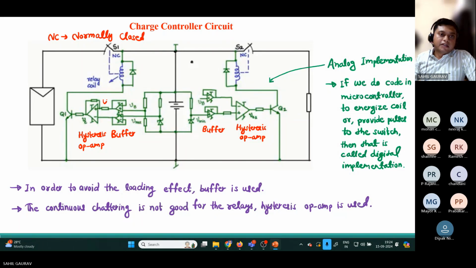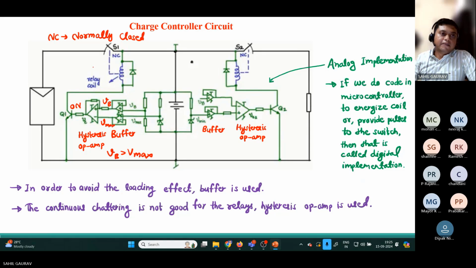So this Vb and Vmax will come at this side, and with this comparator, suppose this battery voltage is greater than Vmax. If this battery voltage is greater than Vmax, then this transistor gets turned on, and our relay will get energized.